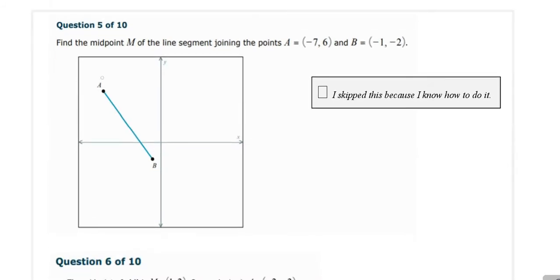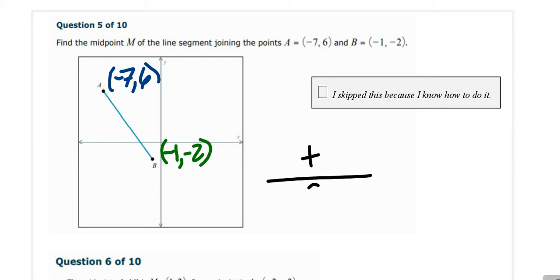Finding the midpoint. Add the x's, divide by 2. Add the y's, divide by 2.